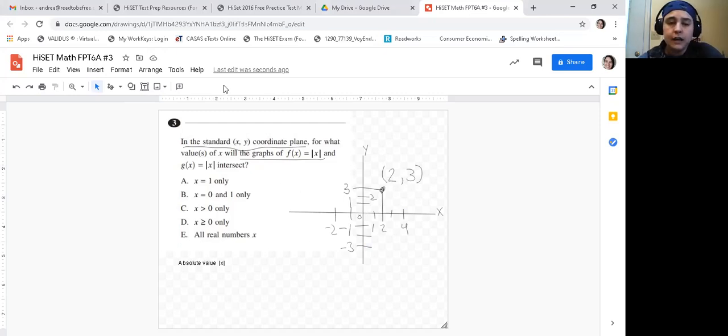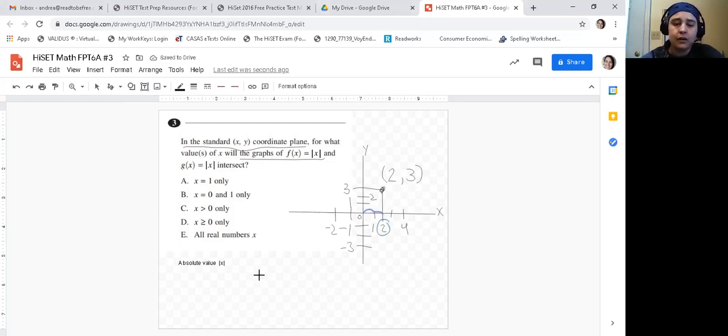So if I'm looking at my coordinate plane here, I might notice that this value 2 right here, how far away is 2 from 0? Well, if I were to walk, taking one step at a time, I would have to take 2 steps to get from 0 to 2, right?